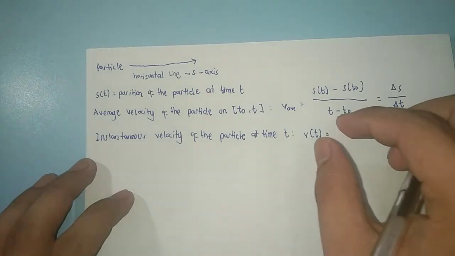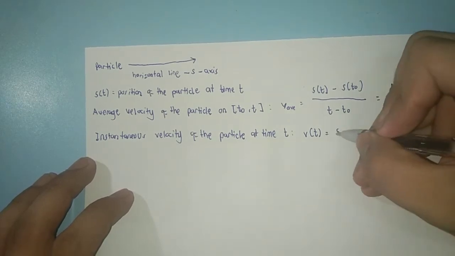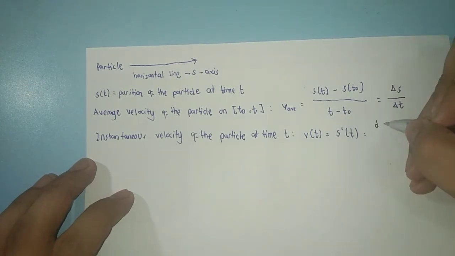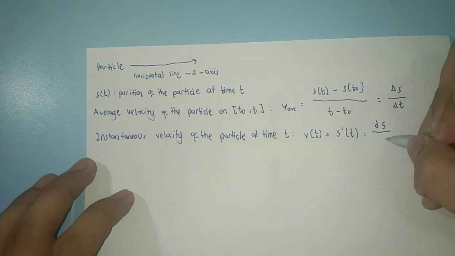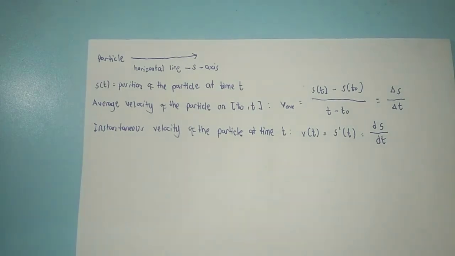So yung instantaneous velocity of the particle will be the derivative of the position of the particle, or S prime of t, which is equal to derivative of S with respect to t. So yan yung gagamitin nating formula.